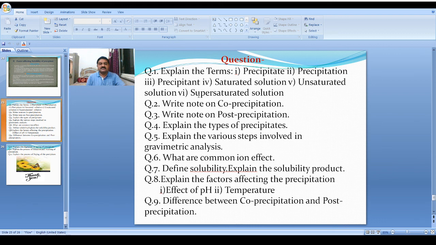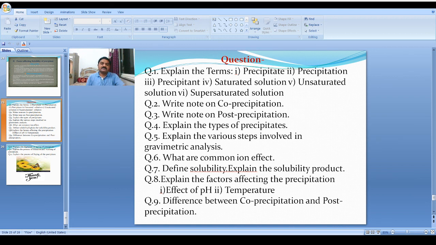So these are the questions which are given on this topic. First, explain the terms precipitate, precipitation, precipitant, saturated solution, unsaturated solution, and supersaturated solution. These are the most important terms. Second, write a note on co-precipitation. Third, write a note on post-precipitation. Fourth, explain the types of precipitate.